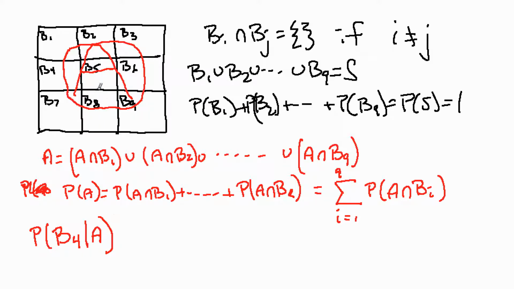That says I'm given A. I'm given that this red circle has occurred. Okay? And now if I'm saying, given that that's occurred, what's the probability of B4? What I'm basically asking for, if you think about it, would just be the ratio of this area right here divided by the area of all of A.